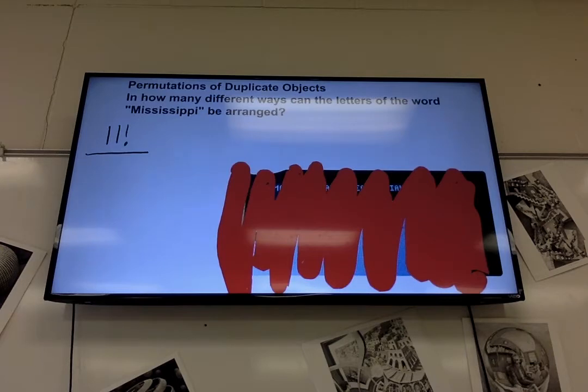Where do you see that factorial? Number 4. So what you would do, and you can clear to get out of there, you would type 11, and then Math, go over to PRB, and it's number 4.